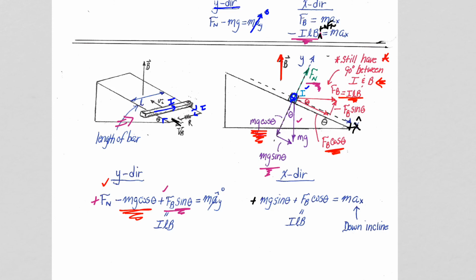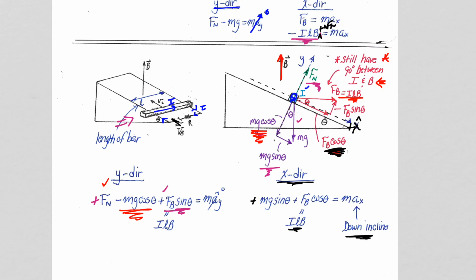Notice we also have F_B cosine theta now down the incline equals mass times acceleration, and that acceleration is down the incline, and we have ILB. And of course, if you added friction, friction would be parallel to the incline and up the incline, and that would subtract from our x direction force if friction was given in the problem.